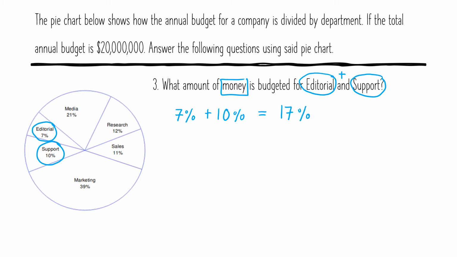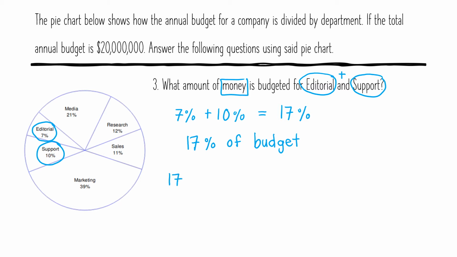So we need to find 17% of the budget. So that'll be 17% times $20 million.